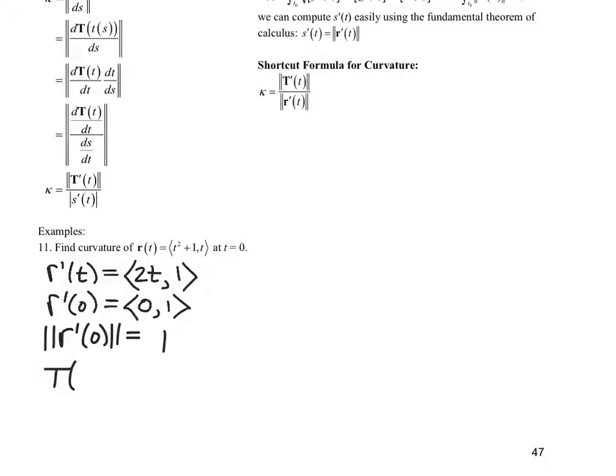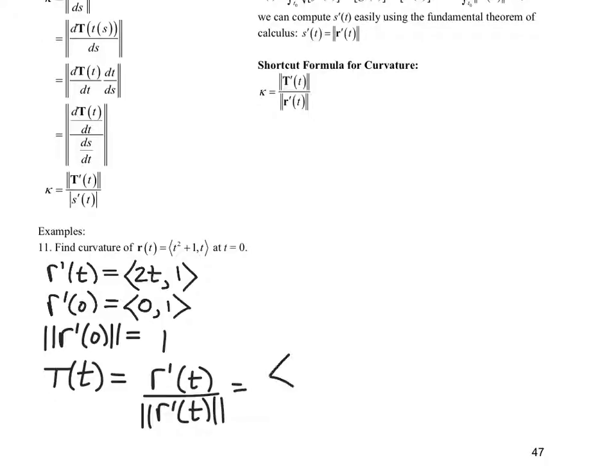Oh, scratch that, sorry. We do need to find T of t because it's the derivative. So r prime of t over the magnitude of r prime of t.